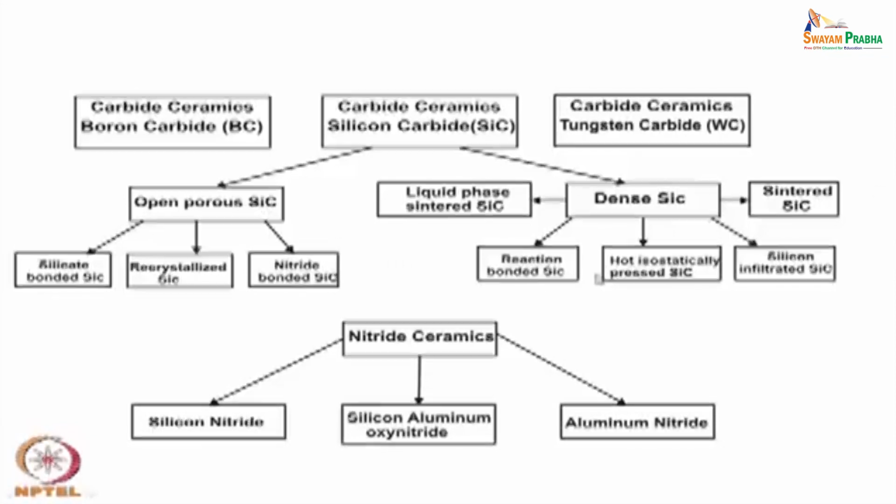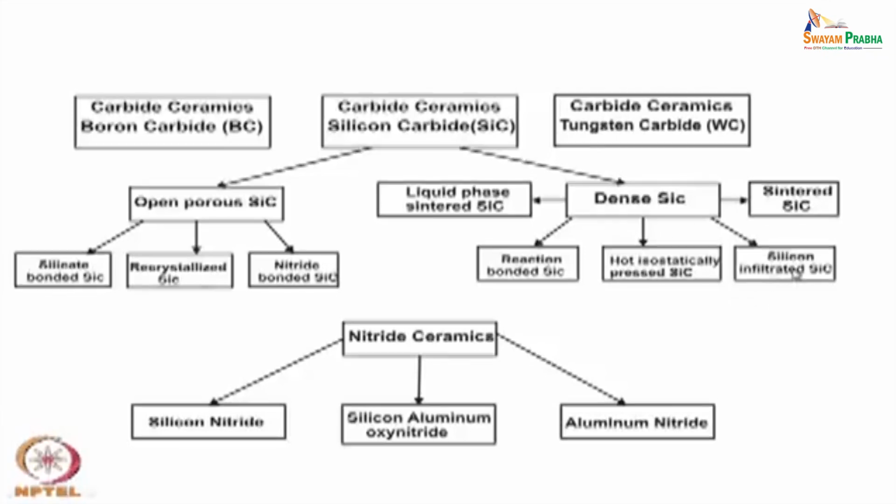On the other hand, you have dense silicon carbide, where a liquid phase has been added, some dopants have been used, different oxides been used, they form a liquid phase at a very high temperature and then fill up the pores, and that is why you get a dense material. Sintered silicon carbide is once again at a very high temperature, just like recrystallized silicon carbide.